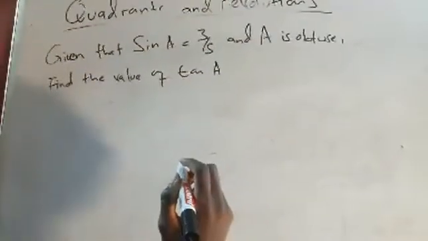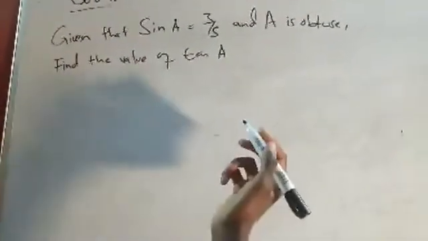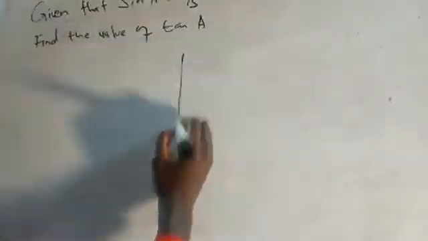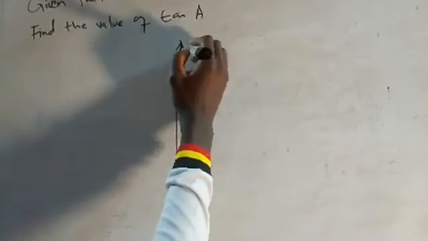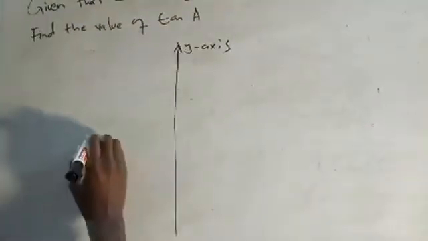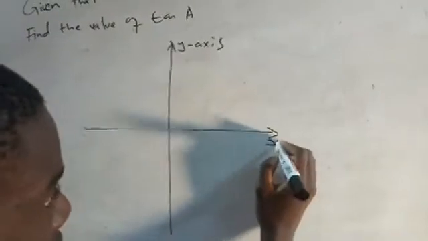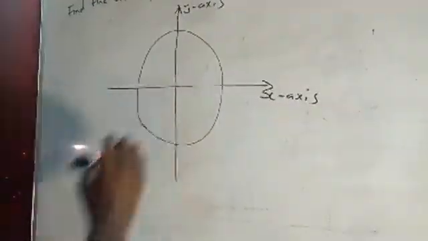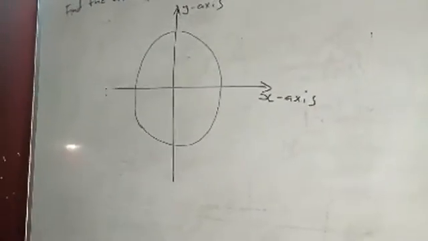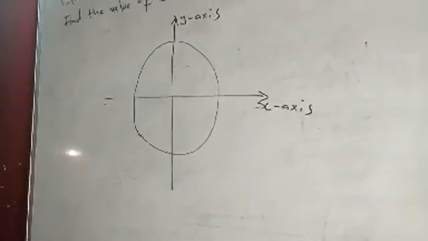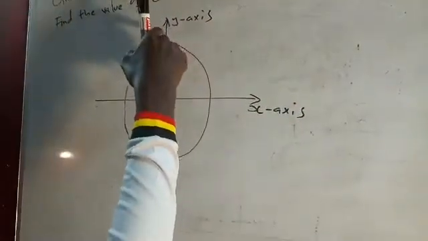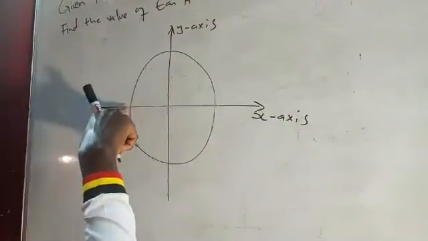So let's try to locate sine A in the Cartesian plane, which is the y-axis. So I'm carrying the x-axis, and we draw our unit circle like this. They have told us that A is obtuse, meaning it is in the second quadrant between 90 degrees and 180.